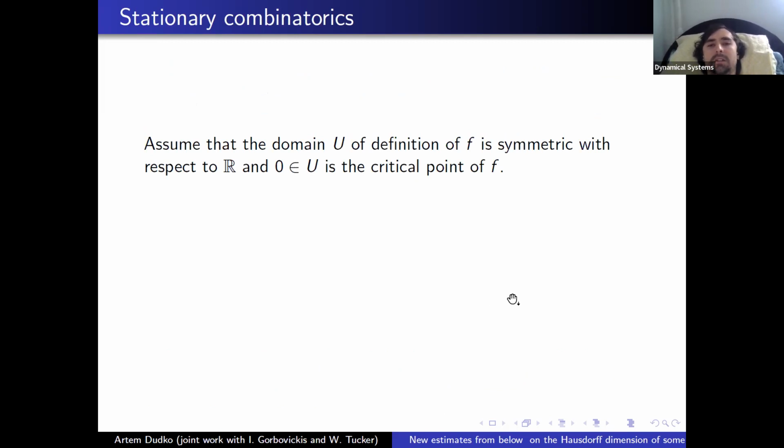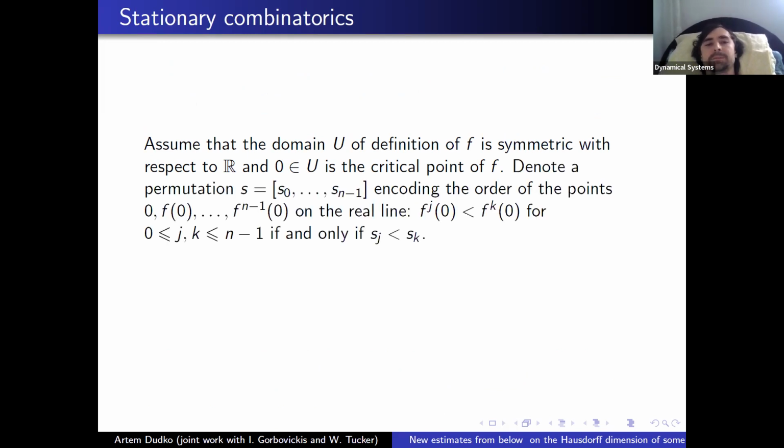Assume that the domain U in the definition of F as above is symmetric with respect to real line and 0. And we can encode the period of the orbit of the critical point for such map F using permutation on n symbols.